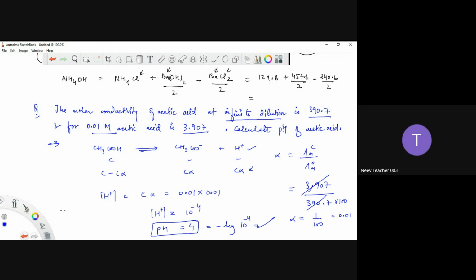If you have any doubts so far, you can ask. This is what we're going to keep for today. As I said, we are left with the battery part. Fair enough? Any doubt? No, sir.